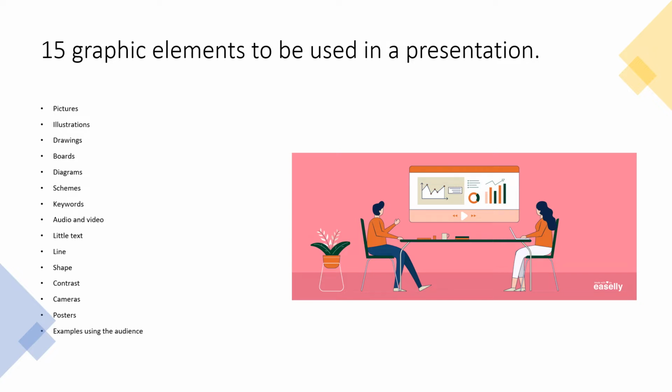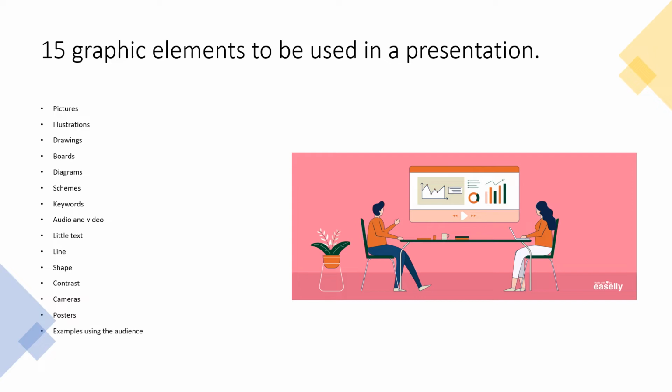Like for example, if we have numbers or currency, we could use graphs. If we have an example of a certain past history or story, we can use drawings or pictures and illustrations of what happened in that story, or we can just put a little text to have a little context about what we're talking about.